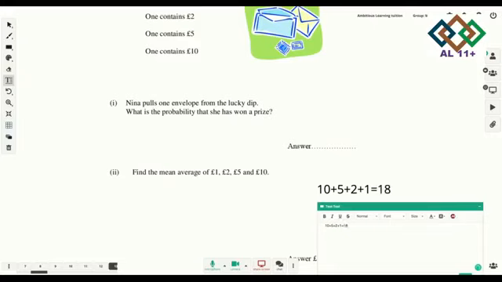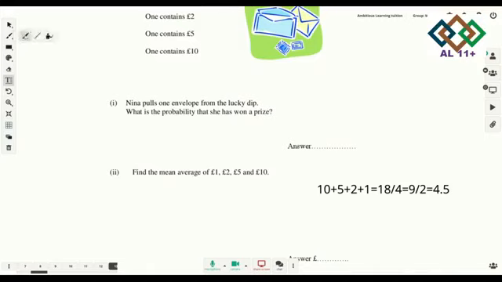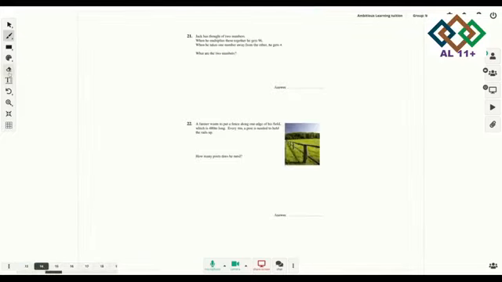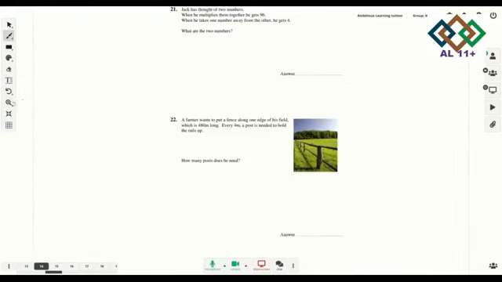That gives you 18 by 4. That could be 9 by 2. That equals 9 by 2. And that is also written as 4.5. And remember that you're dividing it by 4. So let's move on to 21 now. Let's zoom in a little bit.